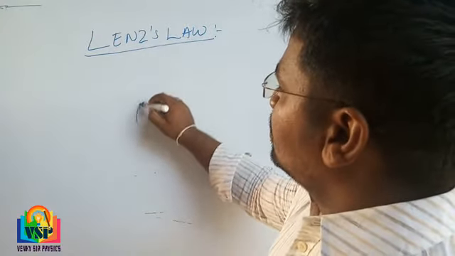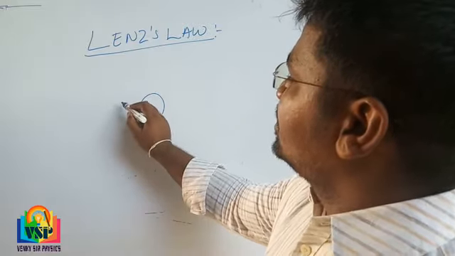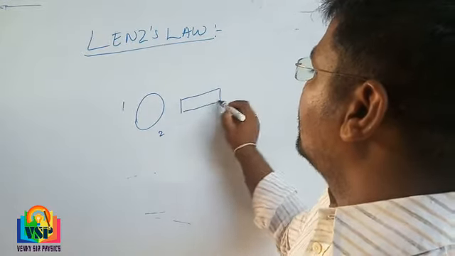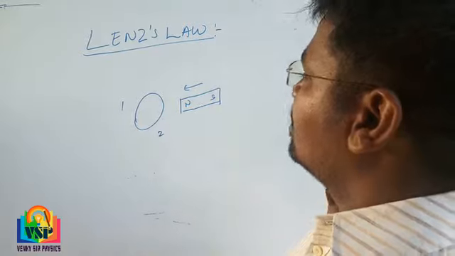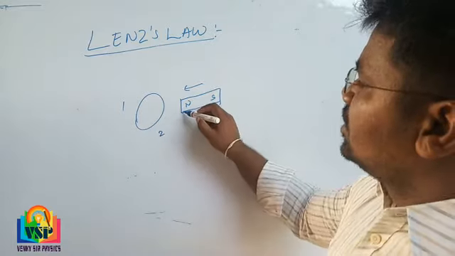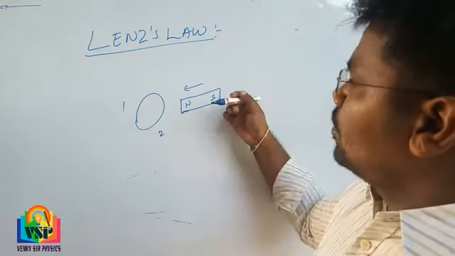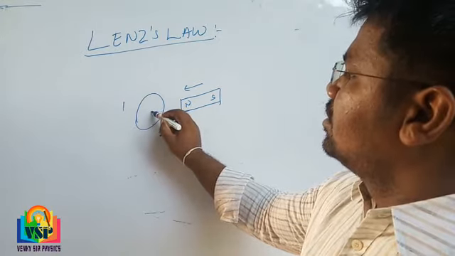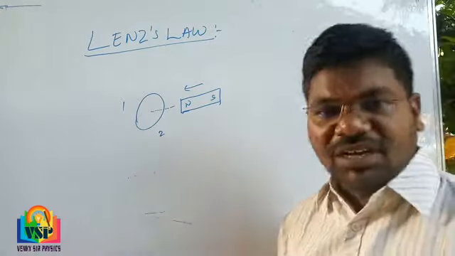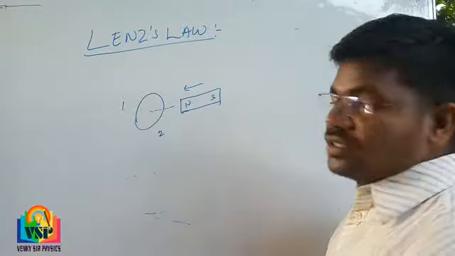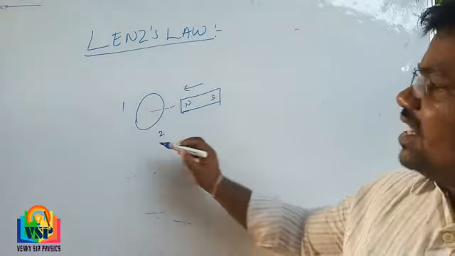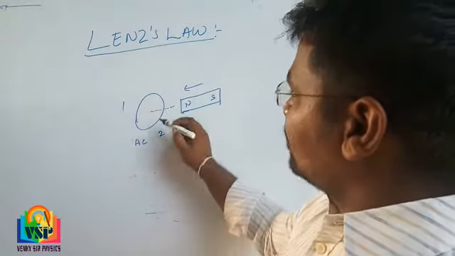See here, say it is a coil. This is the first surface, this is the second surface. If the north pole approaches the coil, see what happens: the current will generate anti-clockwise, like this.